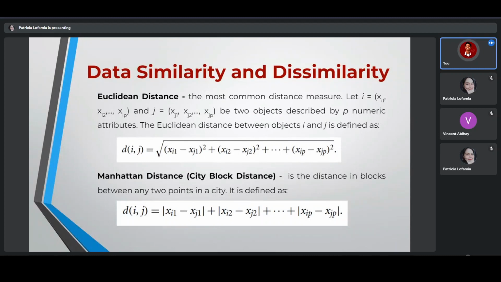The Euclidean distance between objects i and j is defined as, and Manhattan distance or city block distance is the distance in blocks between any two points in a city. It is defined as d(i,j) equals the summation of |xi minus xj|.